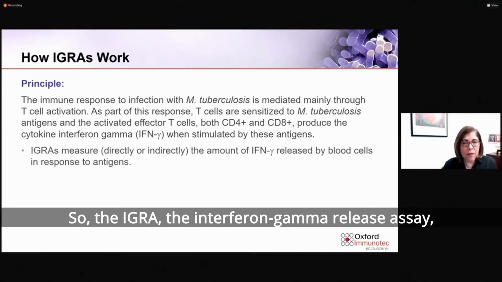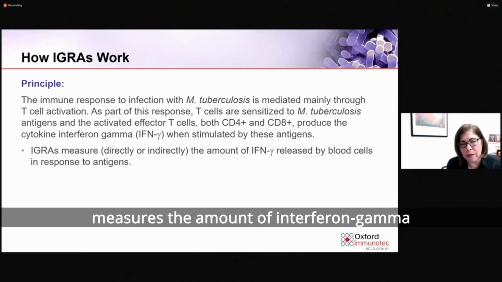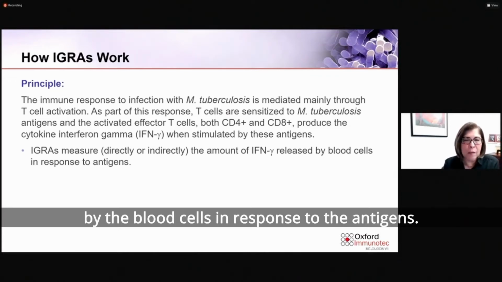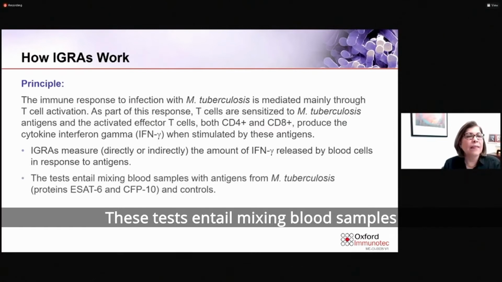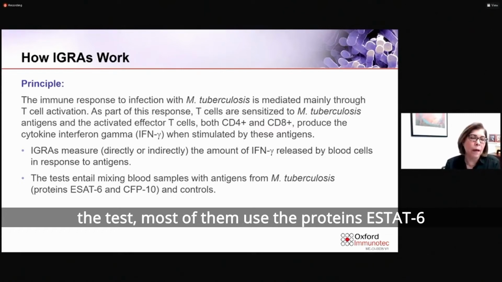So the IGRAs, the interferon gamma release assays, directly or indirectly measure the amount of interferon gamma that is released by the blood cells in response to the antigens. These tests entail mixing blood samples with antigen from MTB.